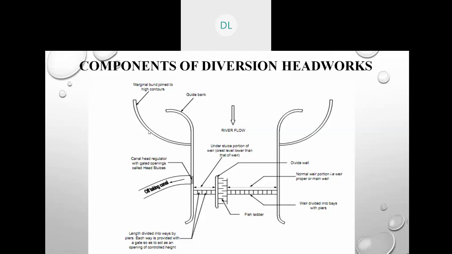If the ground level here is 20, then the height of this marginal bund would be 20 meter from the ground surface. I think this is comfortable to you, to understand what the marginal bund is and what the guide bank is. Guide bank guides the flow into this, and marginal bund holds the water in this whole pocket, which we ultimately allow into the canal network.